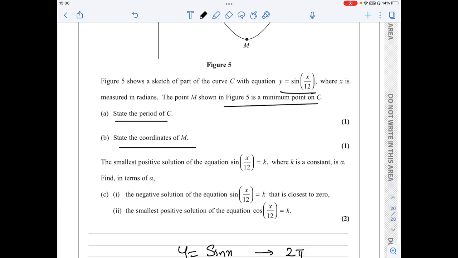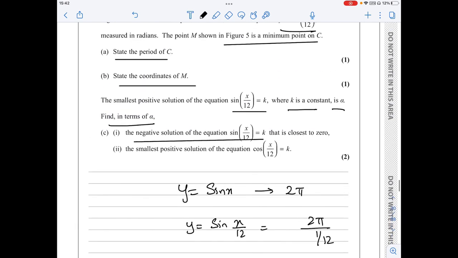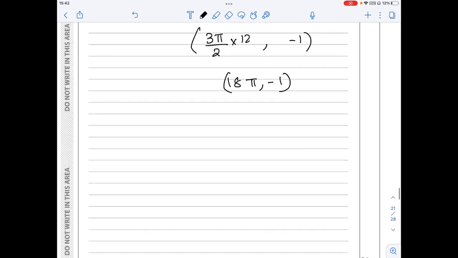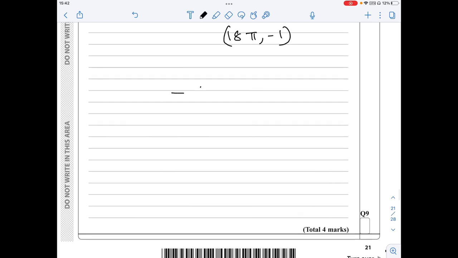So whenever divided by 12 is there in the x, we have to do the opposite operation, times 12. Now part C, he says the smallest positive solution of the equation sin(x/12) = k is alpha. Then what is the smallest negative solution for this one? So negative solution has to be nothing but negative alpha.